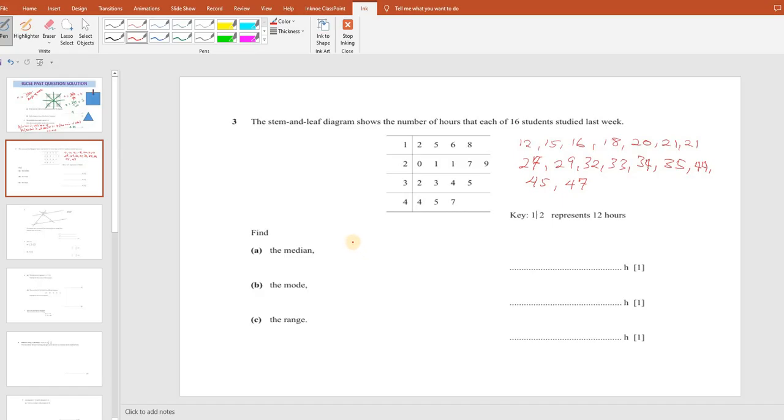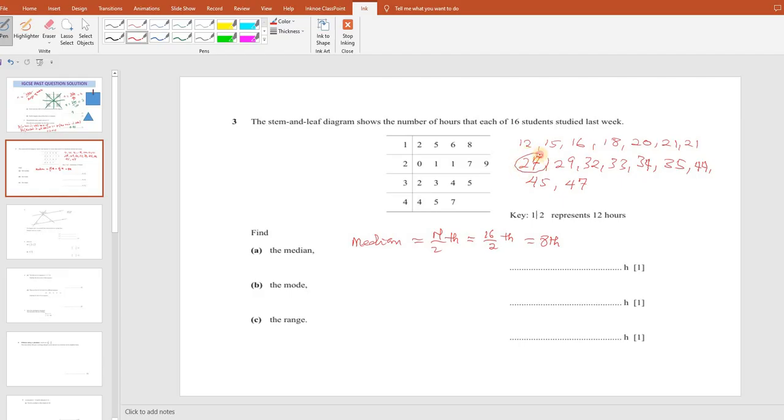Then the median position will be equal to n over 2, and n is 16, which gives us the 8th position. Counting from the beginning, 1, 2, 3, 4, 5, 6, 7, 8.